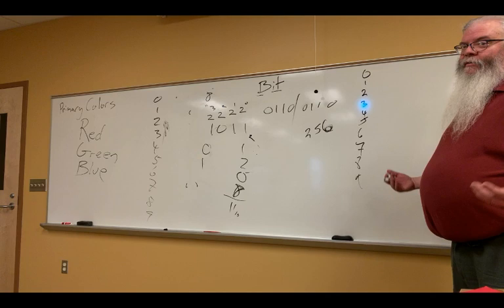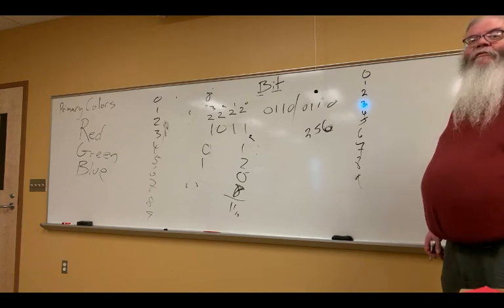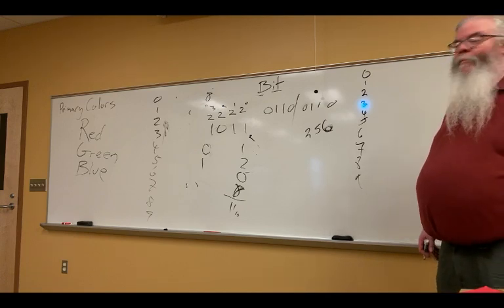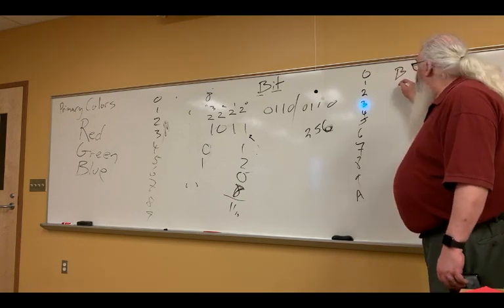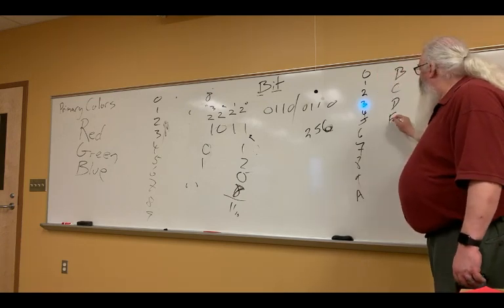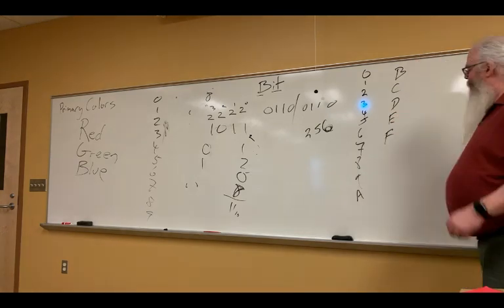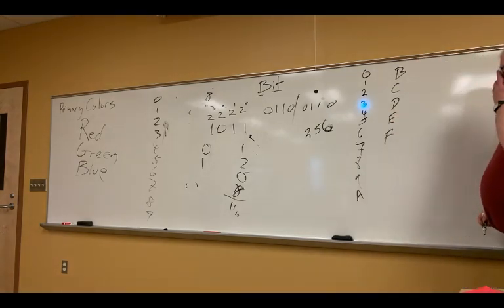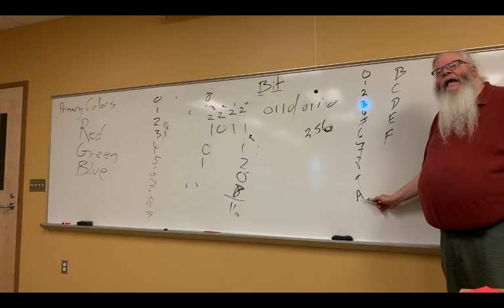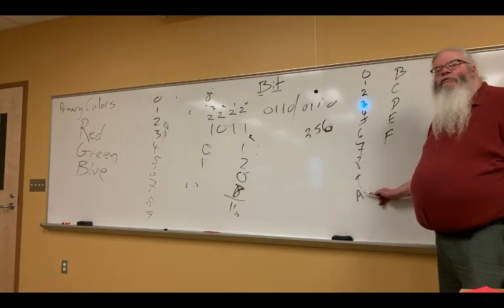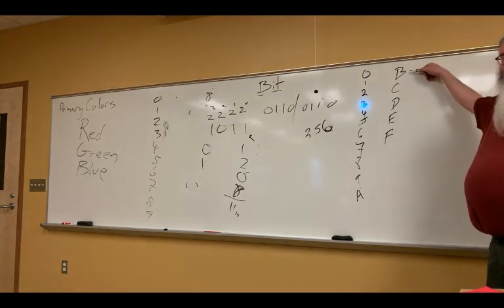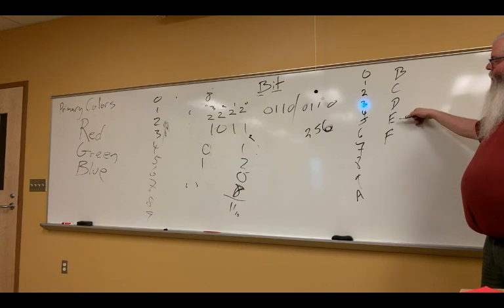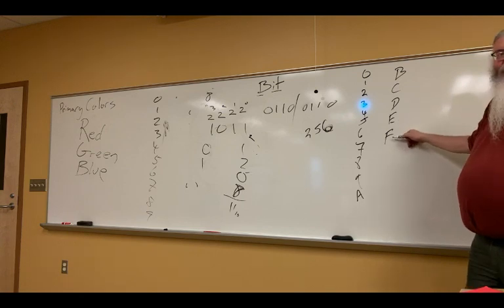Well, fortunately, we're going to borrow from the alphabet. So we've got A, B, C, D, E, and F. A is equivalent to 10 in base 10. B is equivalent to 11. C is equivalent to 12, 13, 14, and F is 15.